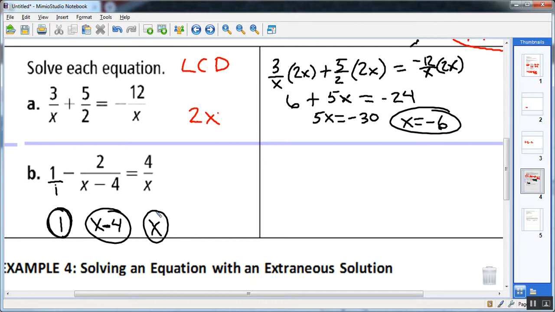The 1 part, kids. We're going to take 1 times what first? You guys agree with that first part? Yes. What am I going to take?